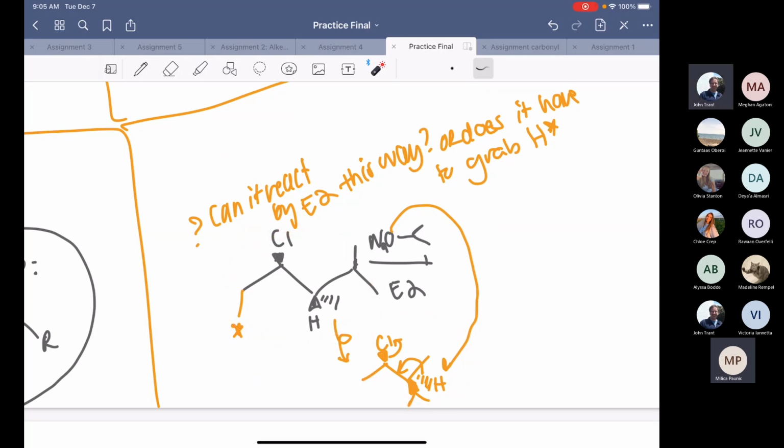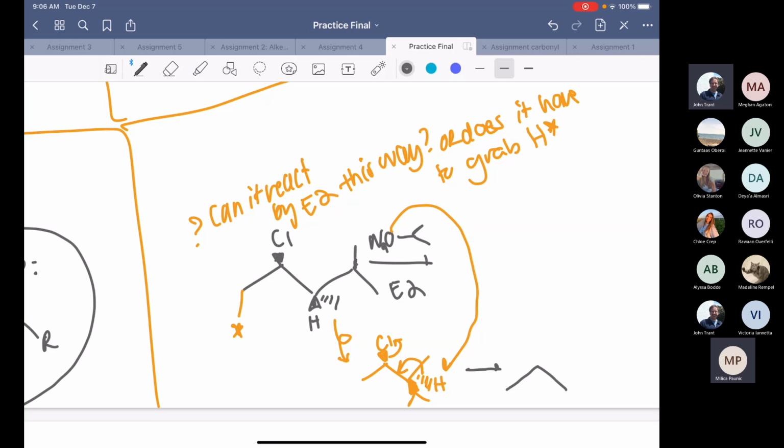So gold is correct, where you have the anti-periplanar. We haven't discussed it. It is possible to do syn-periplanar when the hydrogen and the leaving group are on the same side. It's much more unlikely. It only occurs in very rare circumstances, so we're not talking about it, but it is theoretically possible.